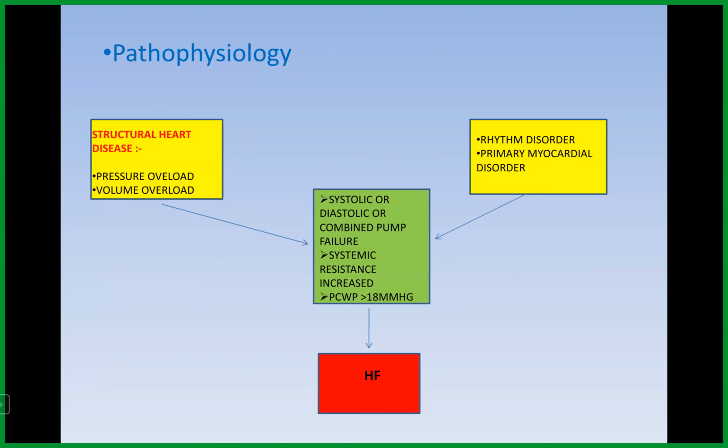As our focus here is structural heart disease, either pressure overload or volume overload can lead to pump failure with an increase in the pulmonary capillary wedge pressure to greater than 18 millimeter of mercury, and then we call it heart failure or congestive heart failure.